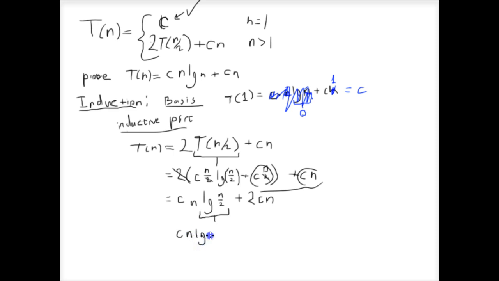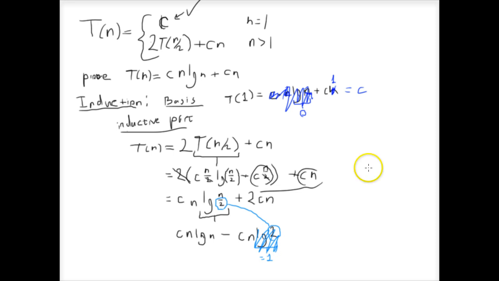So we have c times n log n minus c times n times the log of 2, just using the logarithmic identities. Since we're dividing, the log of n over 2 is equal to the log of n minus the log of 2. We're exploiting that fact here. And of course the log of 2 is 1.